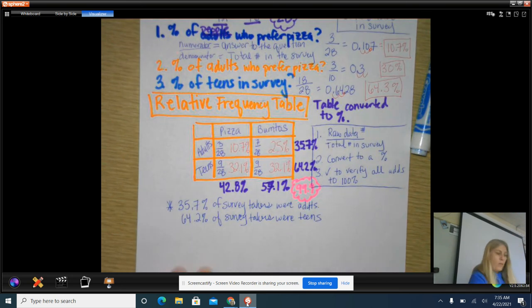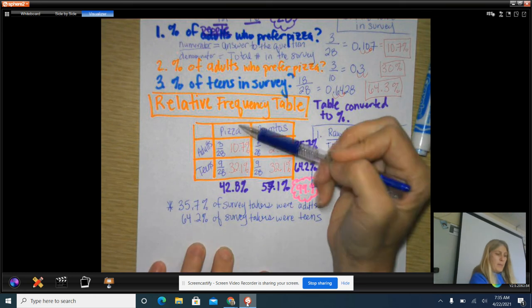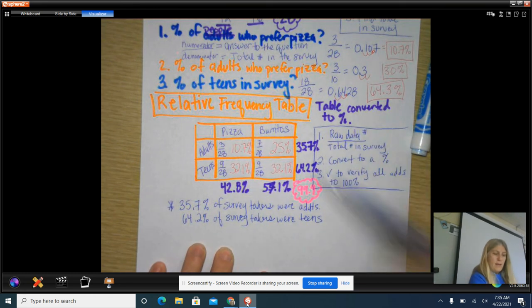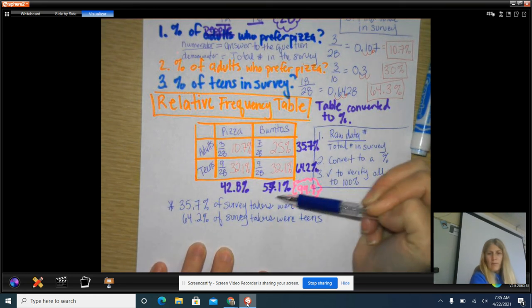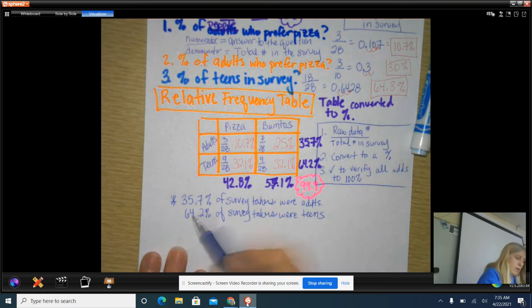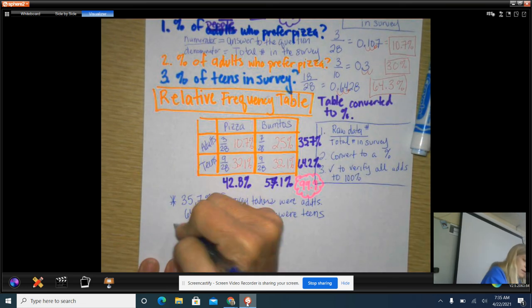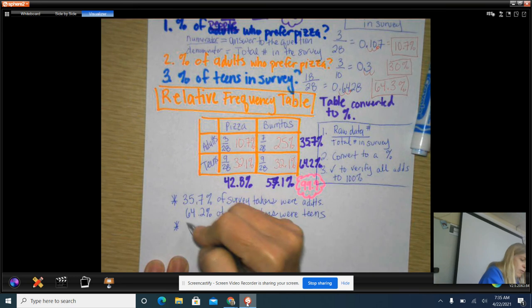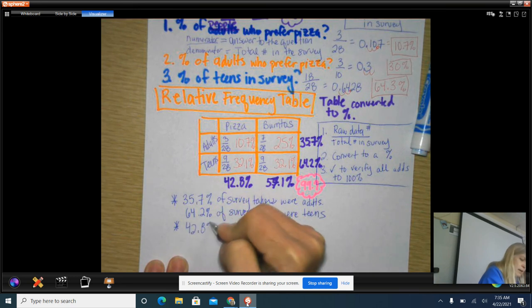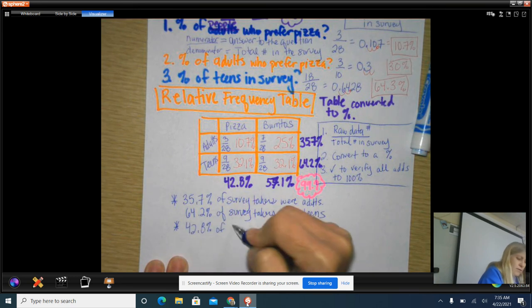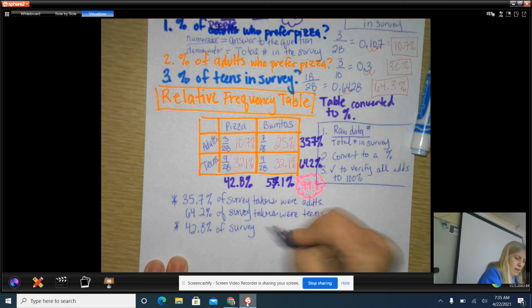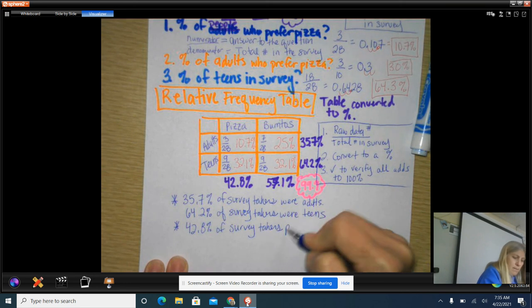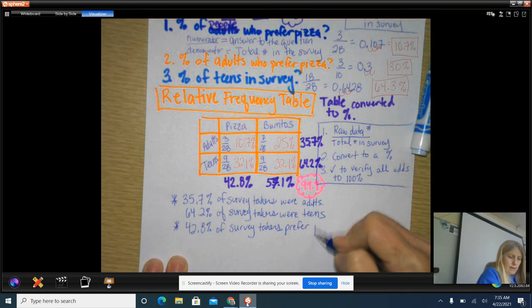Okay. Now, what do you think these column ones mean going down? This is the people in the survey who preferred pizza and the people in the survey that prefer burritos. So going down in our columns, we have 42.8% of survey takers prefer pizza.